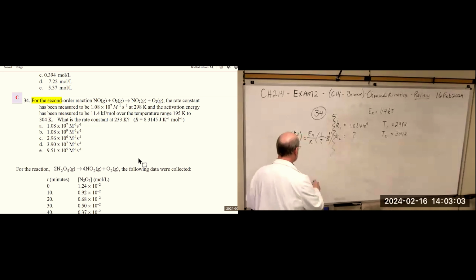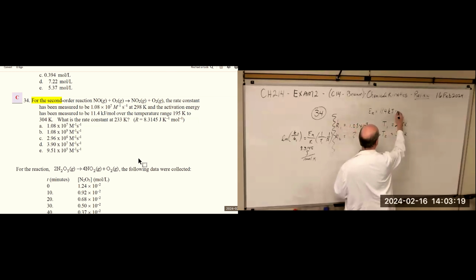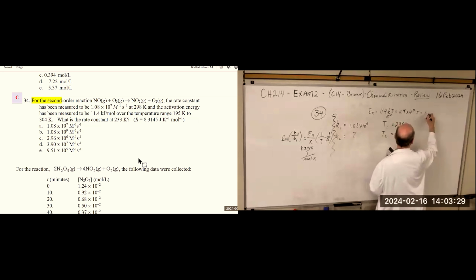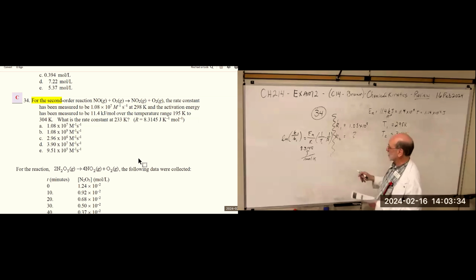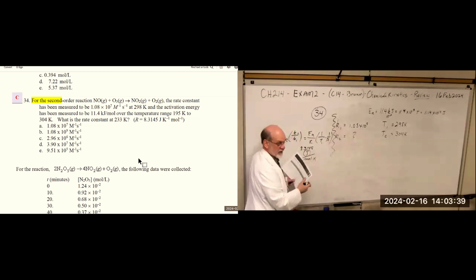All right. So if we look at the units of measure for this R, 8.3145 is joules per mole K. We got the temperature right. We don't have the energy term right. That's 10 to the third, right? 11.4 times 10 to the third joules, or 1.14 times 10 to the fourth joules. That's the term that has to go in here in order to match this value.